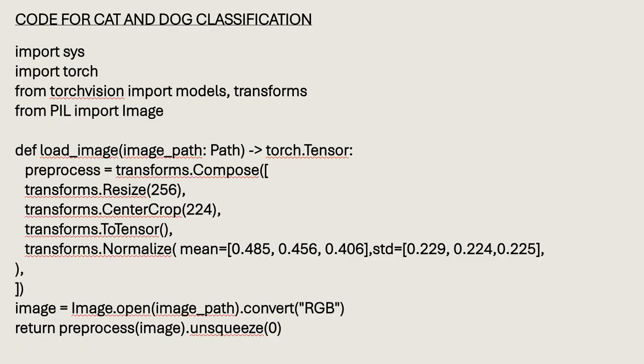Okay, so the very first line says import sys, that is we are using the inbuilt system library to get access to the command line argument, because we have to pass the image path into the model.